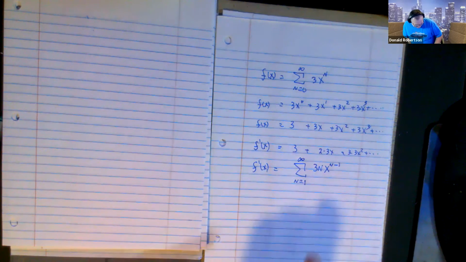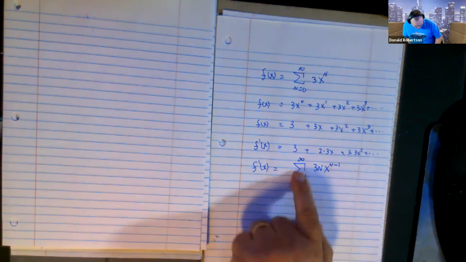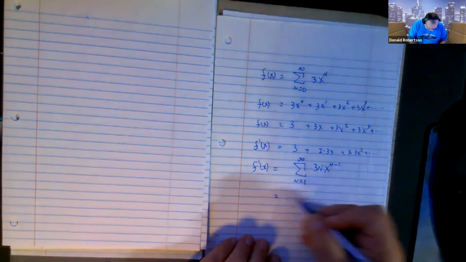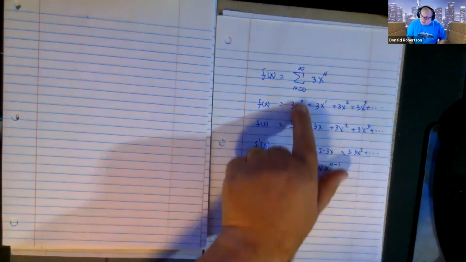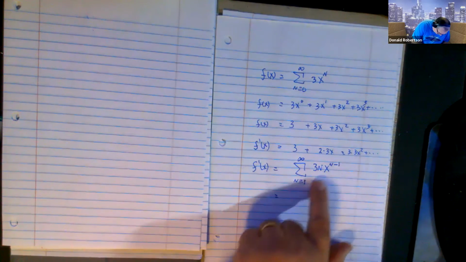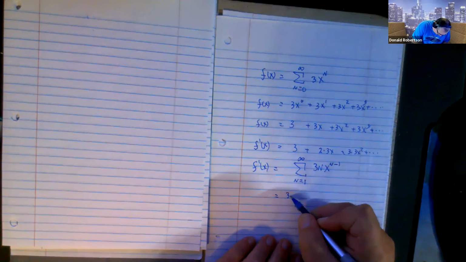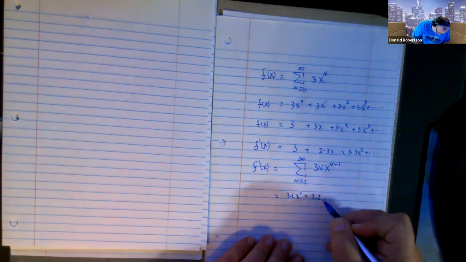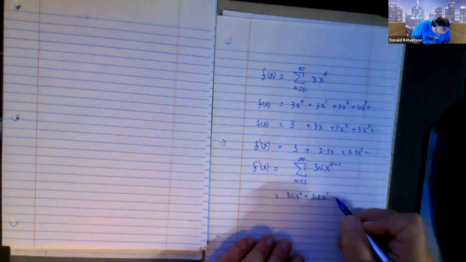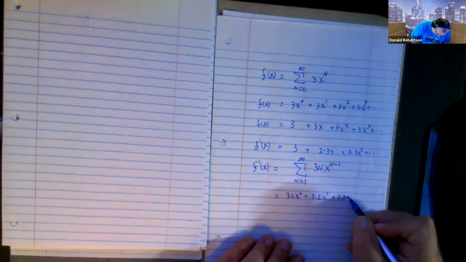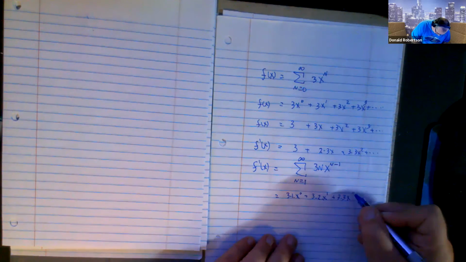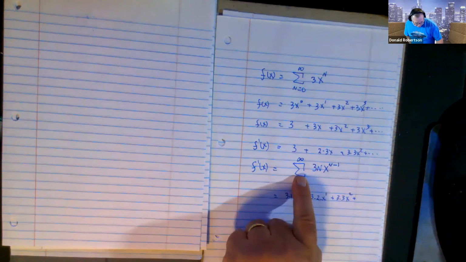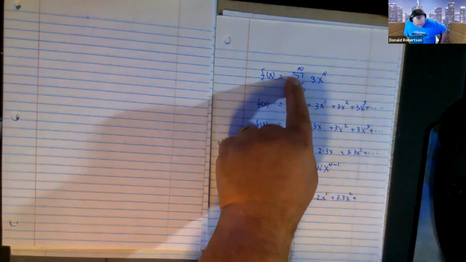Let's see if this power series actually matches what I've just written. Now you notice I've swapped from 0 to 1. So when you plug 1 in, you get 3 times 1 times x to nothing. Then 3 times 2 times x to the 1. And 3 times 3 times x squared. Yeah, it matches. This guy is the derivative of this guy.